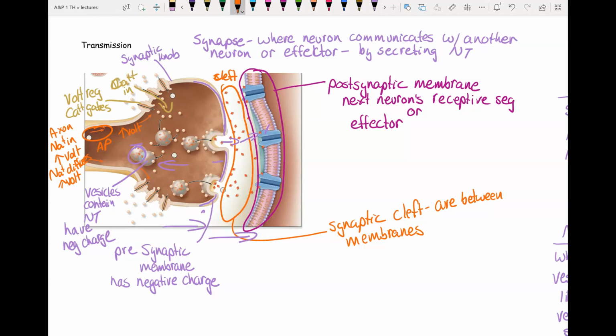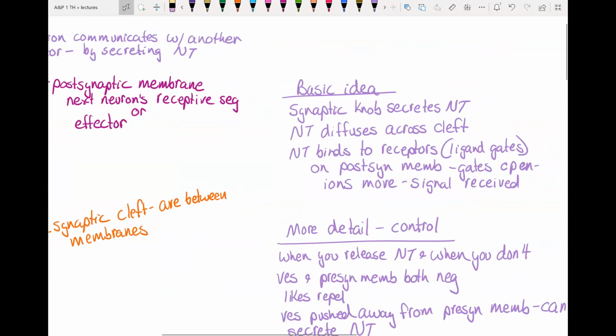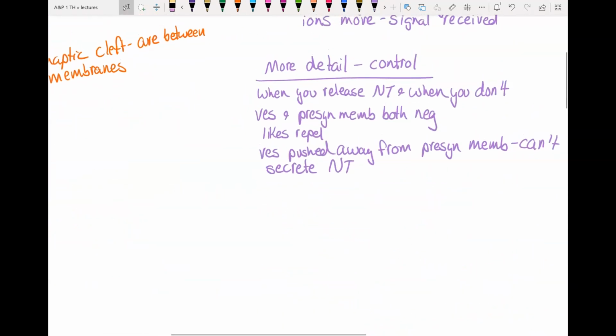So when the action potential gets down to the end of the axon, you have an increase in voltage right here. These calcium gates are voltage regulated. So that makes these calcium gates open. So when there is an action potential in the axon, it raises the voltage. This then stimulates the calcium gates in the knob to open.